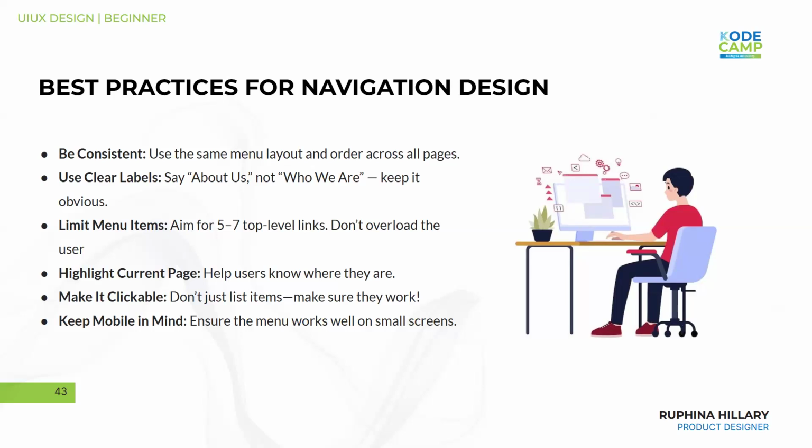So the next one is to use clear labels. So saying about us, not who we are, keeps it obvious. So use clear labels for your navigation system. Remember that your navigation system is meant to be simple and precise. You're going to put one word there, and that word should easily tell your users what that thing does. So sometimes that's why we usually employ icons to help us.